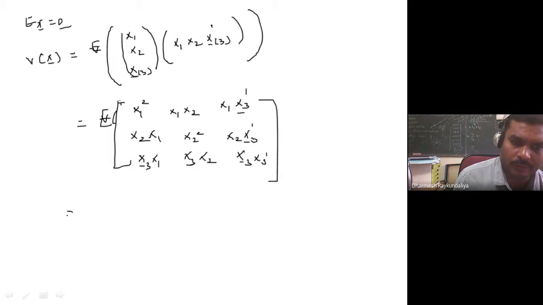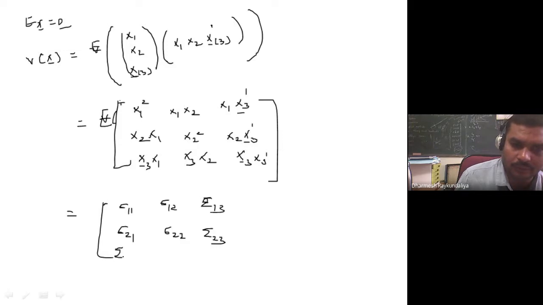So if you take expectation inside, expectation of x1 square is giving the variance, so we call it sigma 1 1. Expectation of x1 x2 is sigma 1 2. This is called sigma 1 3. This is sigma 2 1. This is sigma 2 2. This is sigma 2 3. This is sigma 3 1, sigma 3 2, and this is sigma 3 3.